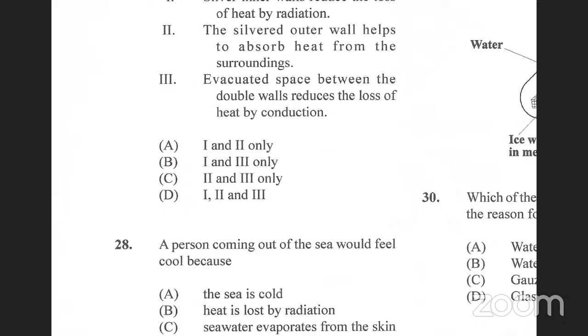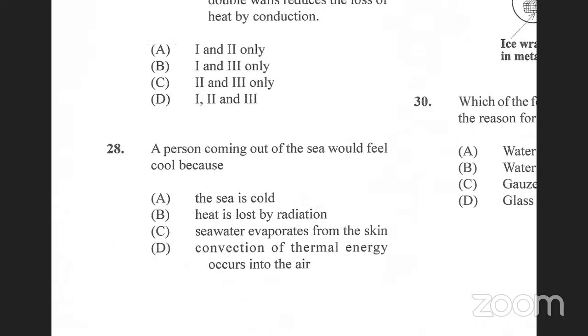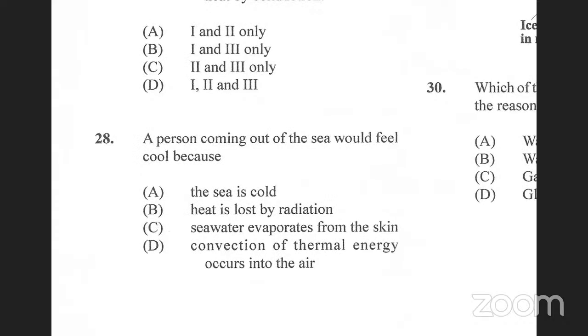So a person coming out of the sea would feel cool because the seawater is cool? No heat is lost by radiation? Not yet. The seawater evaporates from the skin, keeping it cool.